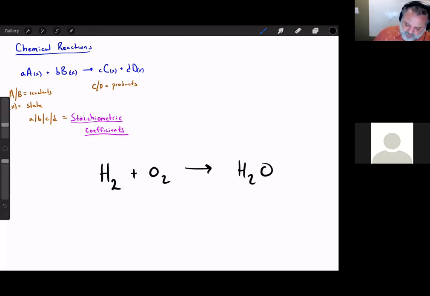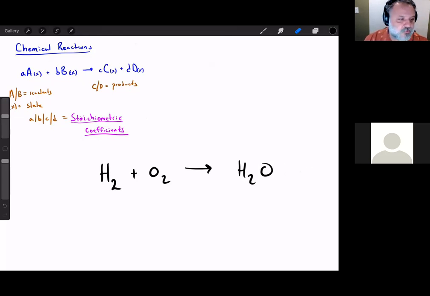And so I could do this. I could say, well, if I have, no, you can't do that. You can't just do this, right? Because that's a different reaction. This would be balanced, but this describes a different physical process. So let's say it in English. Let's use this reaction as a story.